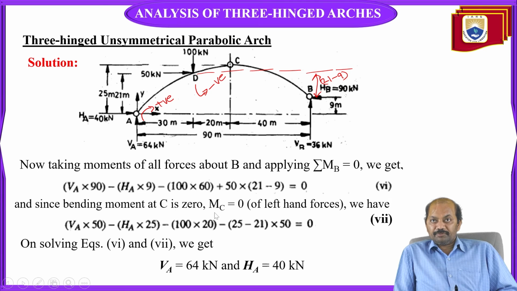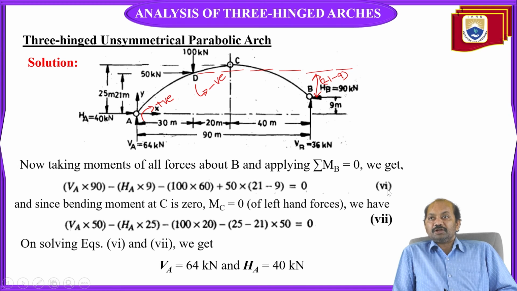Now if we write similarly for MC on the left hand forces, we have this equation: VA into 50 minus HA into 25 minus 100 into (50 minus 25) minus 50 into (25 minus 21) is equal to 0.